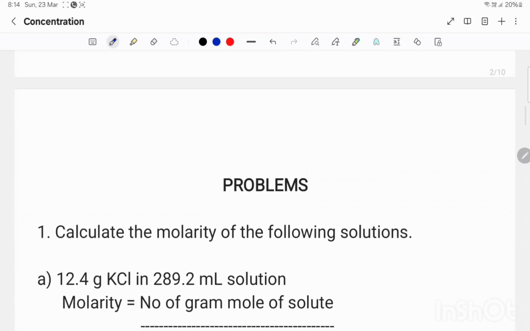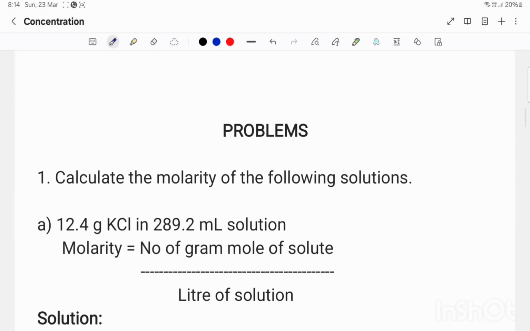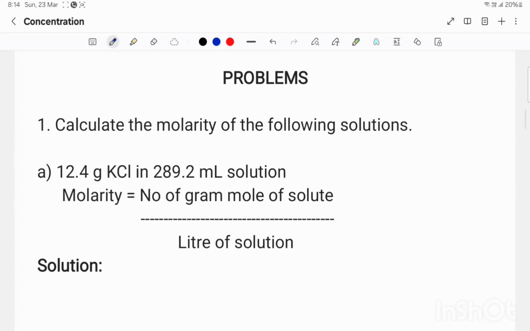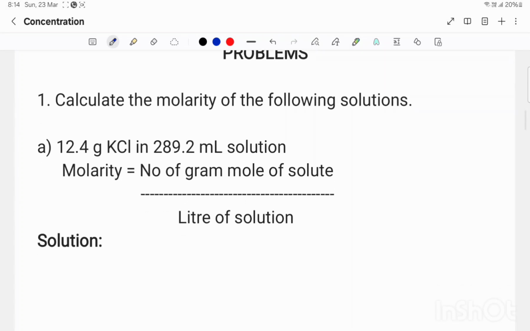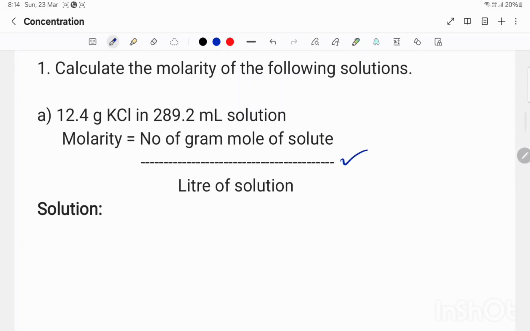Let us solve some simple problems in molarity, normality, and ppm. First problem, calculate the molarity of the following solutions. The first solution they have given is 12.4 gram KCl in 289.2 milliliter solution. And we know the formula for molarity is number of gram moles of solute by liter of solution.